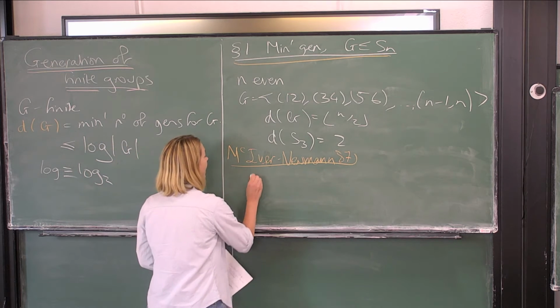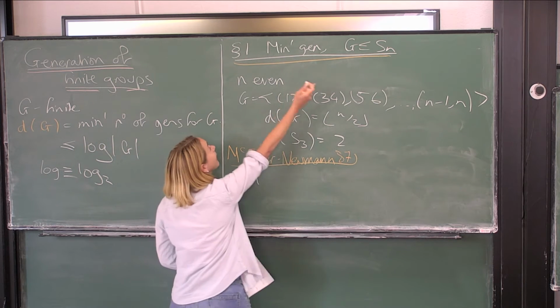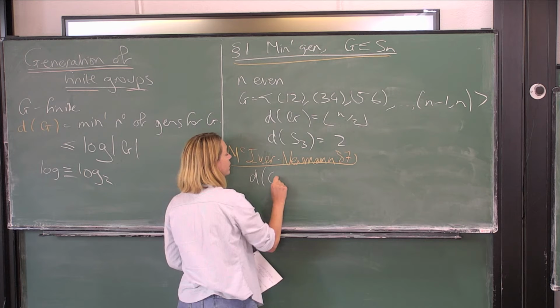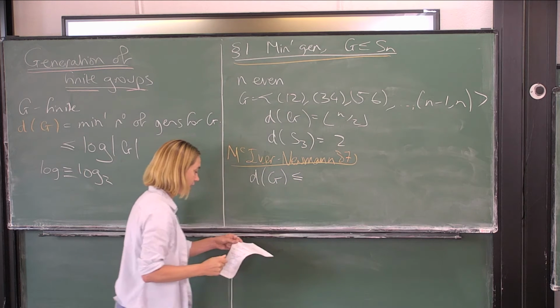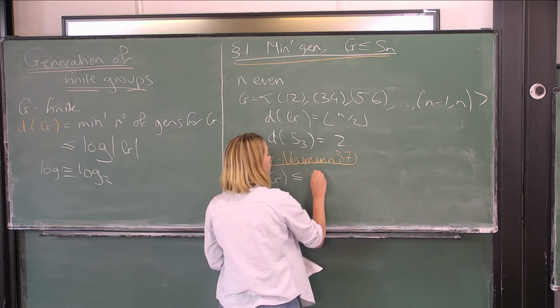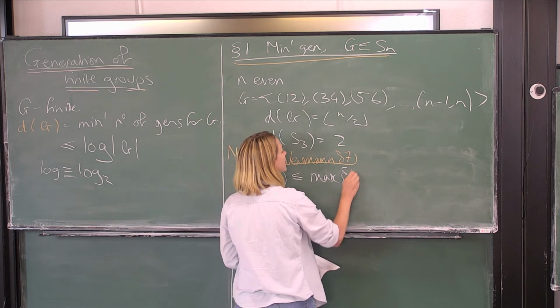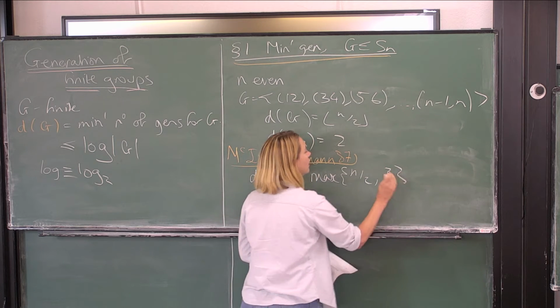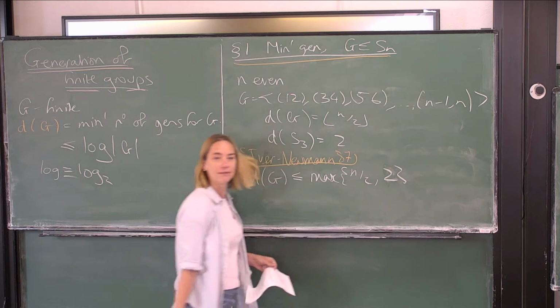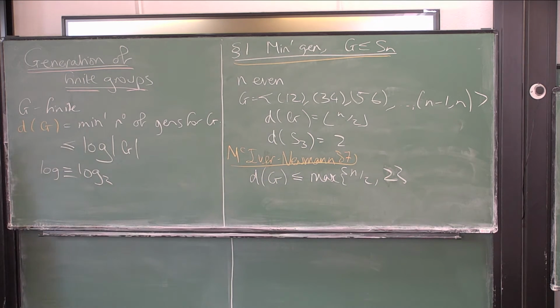And they prove in there that if G is contained in S_n, because that's our assumption for this whole section, then d(G) is less than or equal to the maximum of n over 2 and 2. So those 2 examples I just gave you are the 2 extremal examples, and otherwise you don't do any worse than that.